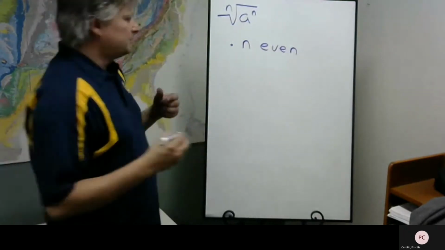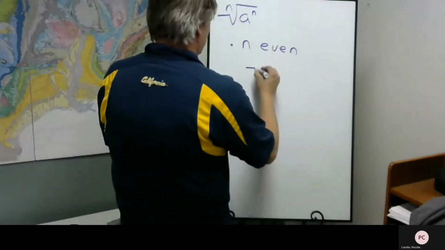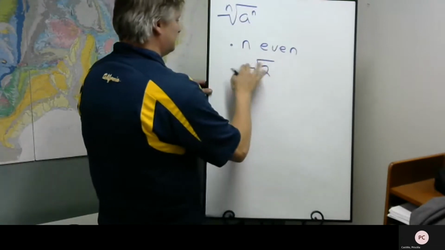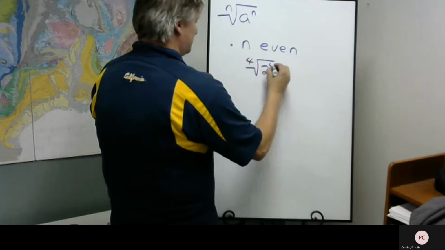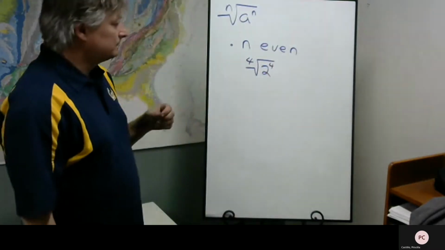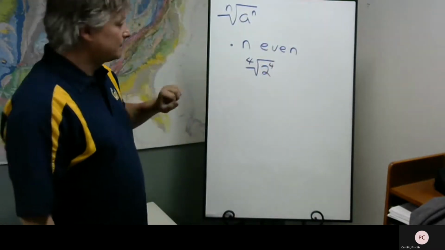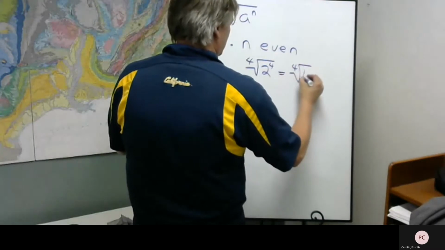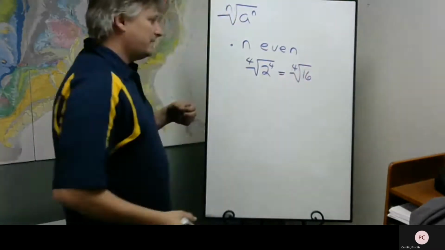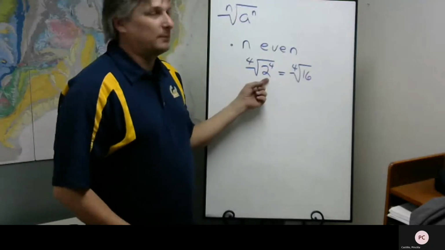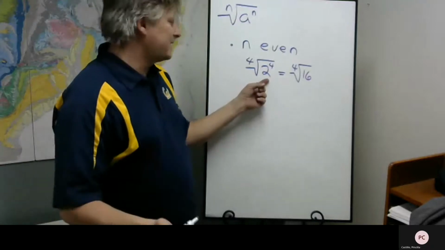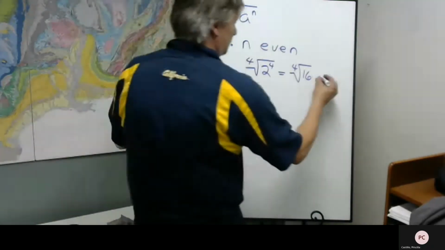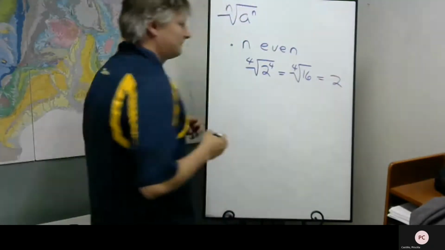So let's say we do the fourth root of 2 to the 4. Now this is a positive root. So we're going to get the fourth root of 16. And, well, 4 2's, if you multiply them together, you'll get 16. So that means the fourth root of 16 is 2.